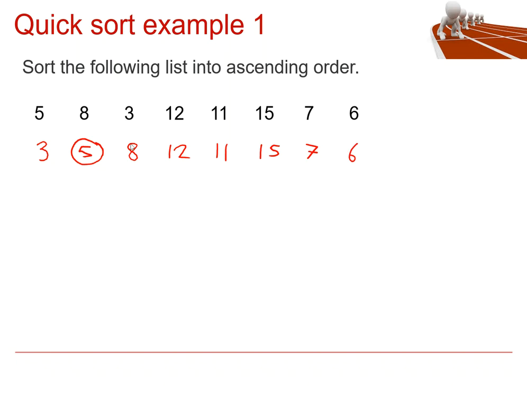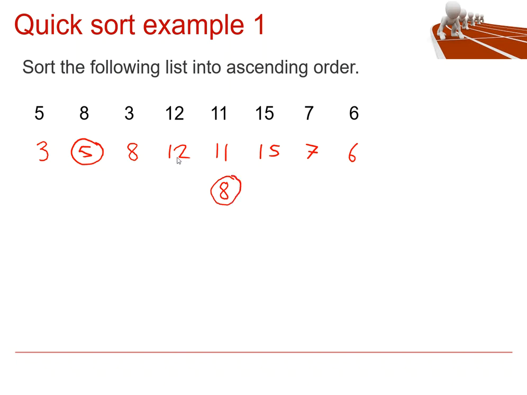So what we've done is we've divided this list into two unequal sublists. This sublist on the left only contains one number, and if you remember from the algorithm, once we've got down to one number then we can stop. So I don't need to do anything else with the 3 anymore. All I need to do is look at this other sublist, starting with this 8 going along to that 6, and I'm going to now apply the quicksort algorithm just to that sublist. So let's take 8 as our pivot, and we'll write down the 8 there, and let's circle it just to make clear that's the pivot.